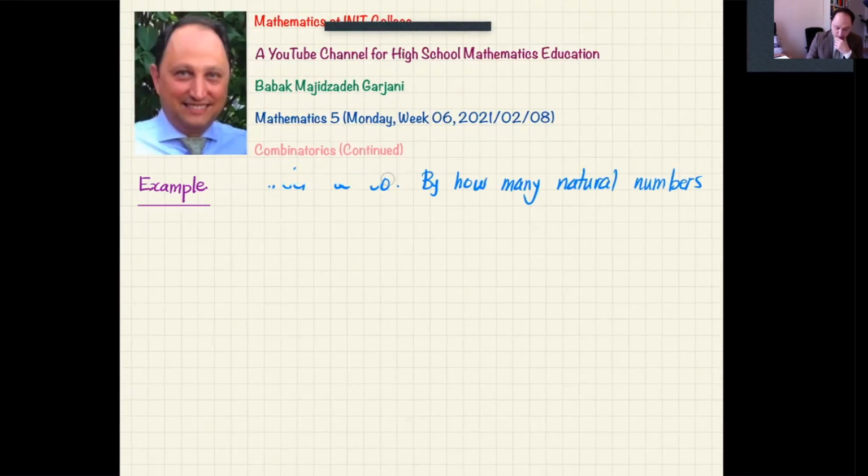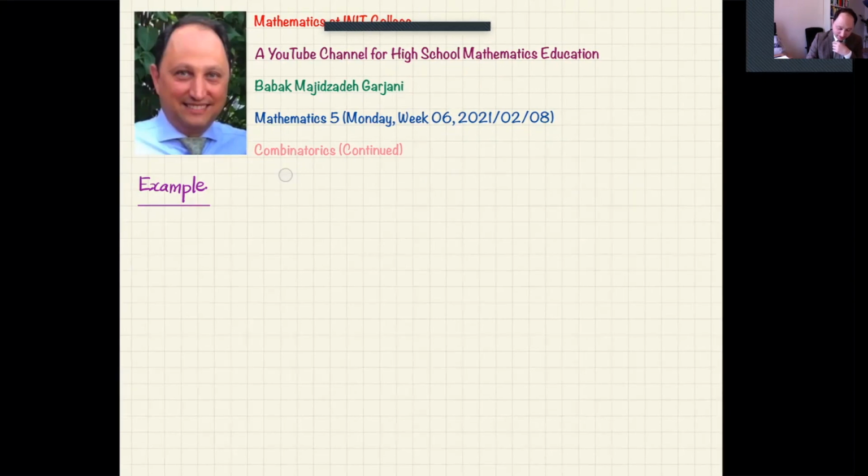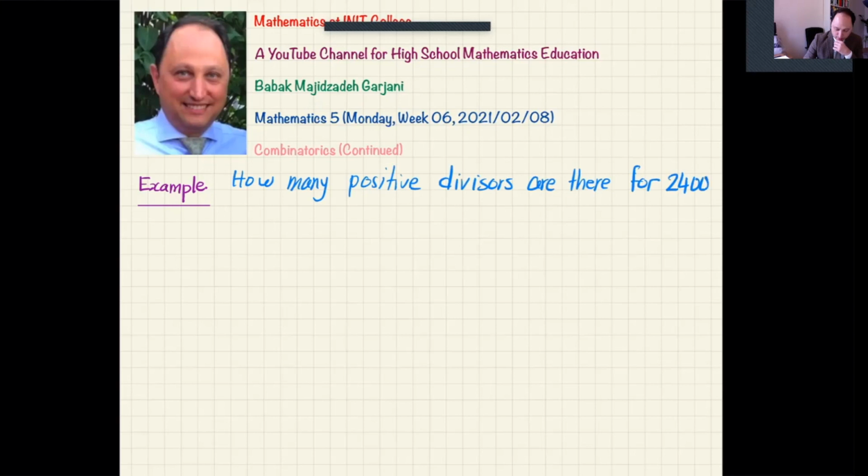No, I think this is not a very good sentence, sorry. So let me write it in a simple way. Okay, how many positive divisors or factors are there for 2,400?